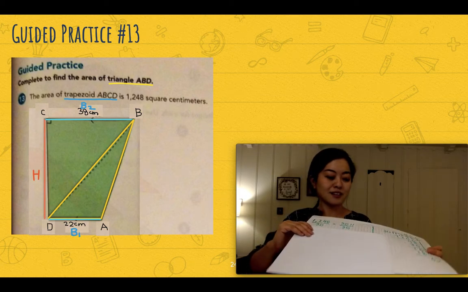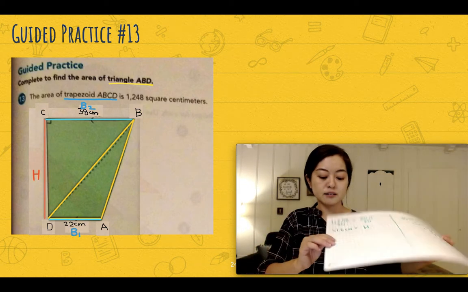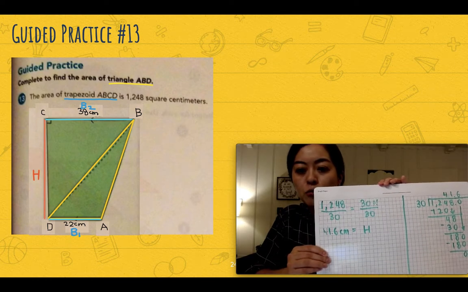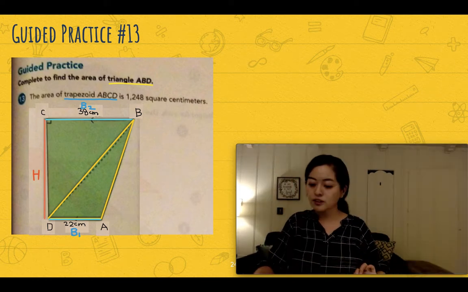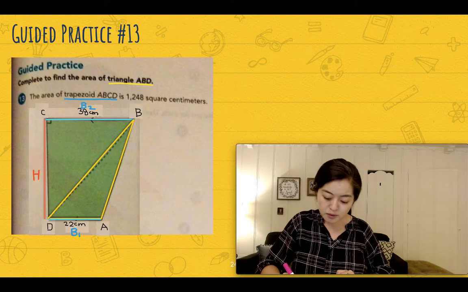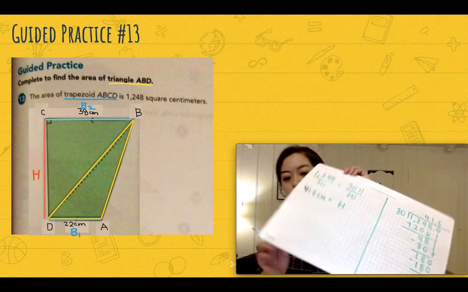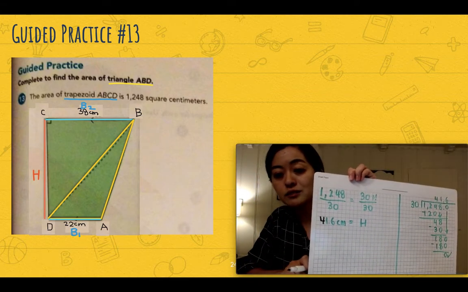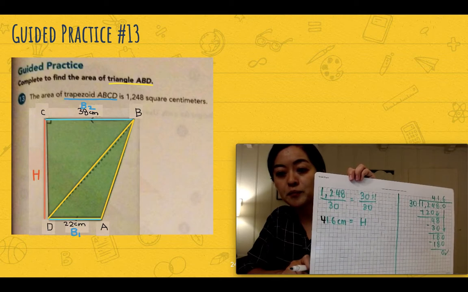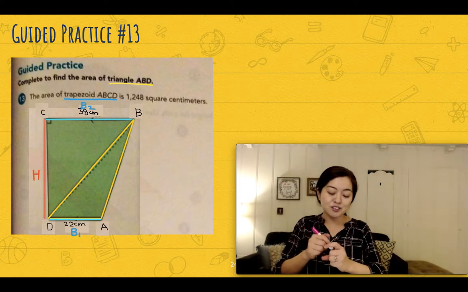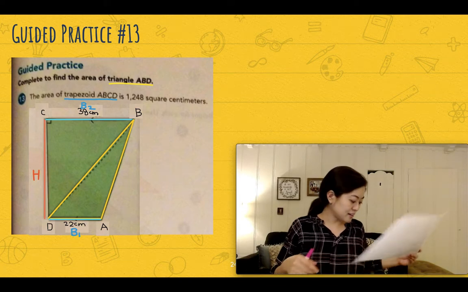All right, and then my height is actually 41.6 centimeters. It kind of got erased a little bit, but let me just write my 41 better. So 41.6 centimeters is my height. Yay! So now I figured out my height.